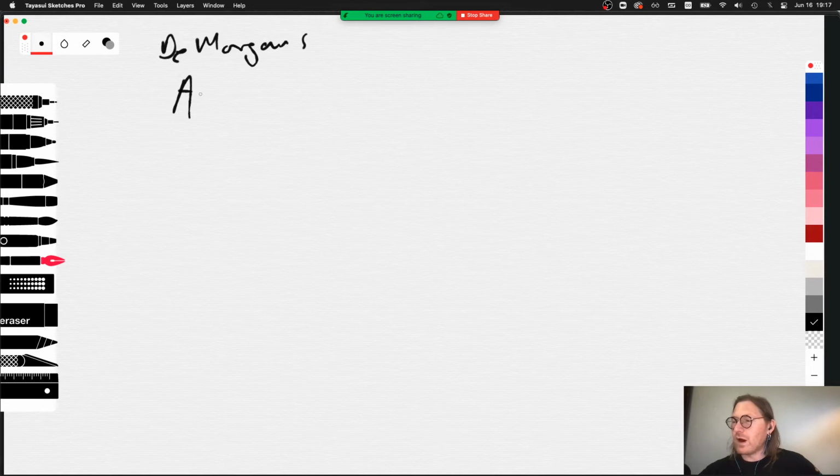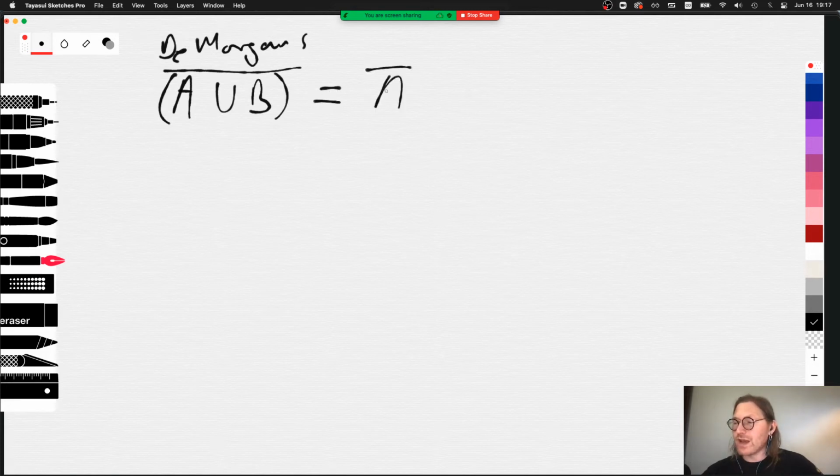And this first law is going to be A union B. That whole expression is notted, A union B. In order to untie this expression from being underneath this not, we can say this is just not A intersected with not B. We can prove this.